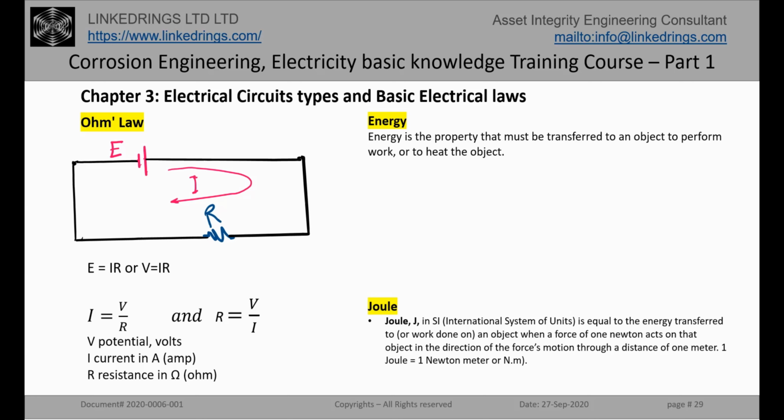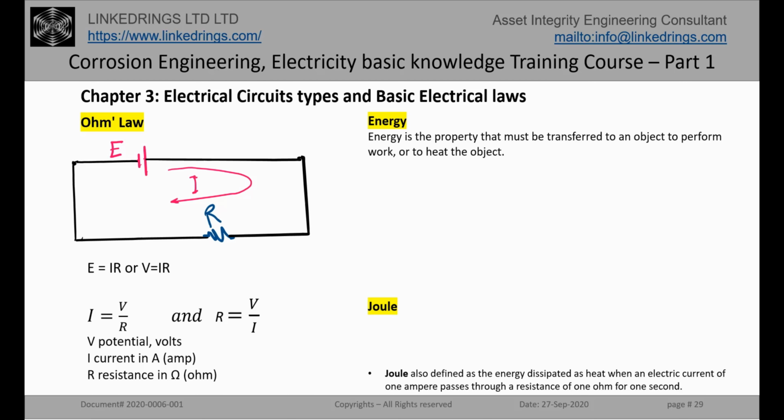So 1 joule equals 1 newton meter, or Nm. The joule also is defined as the energy dissipated as heat when an electrical current of 1 ampere passes through a resistance of 1 ohm for 1 second. I must specify here the time, 1 second.